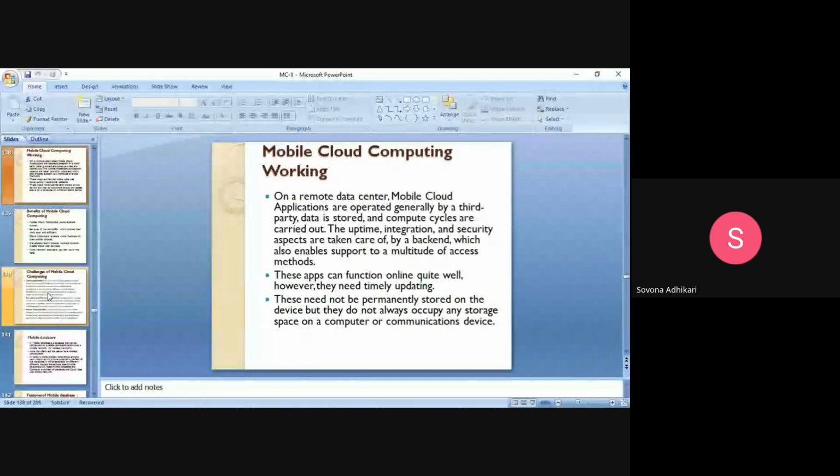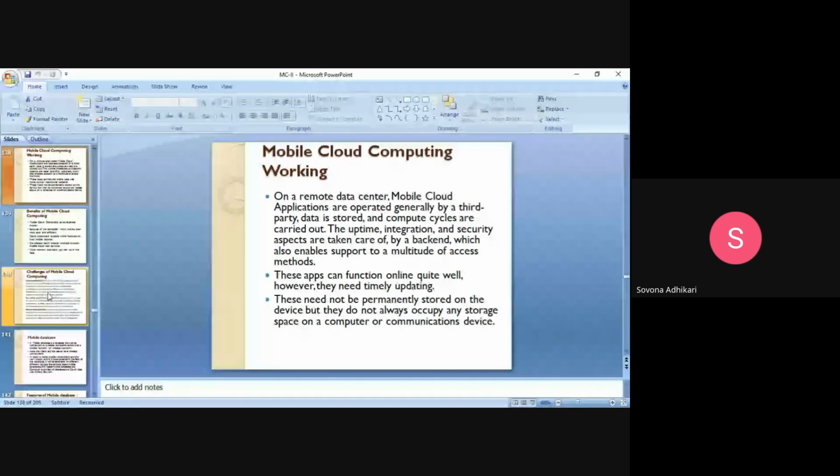The applications can function online quite well. However, they need timely updating because data changes rapidly, so there should be synchronization between the application and the data. These need not be permanently stored on the device.